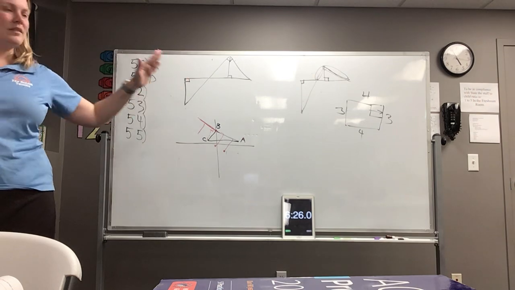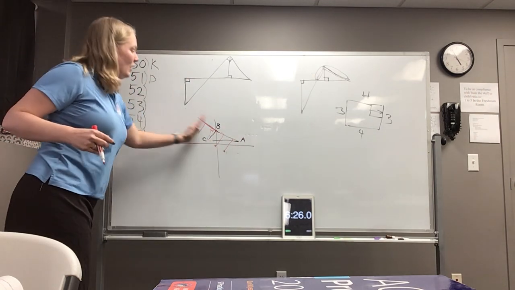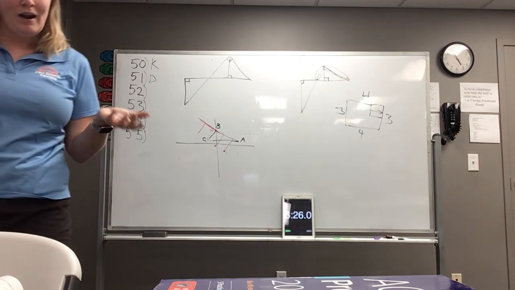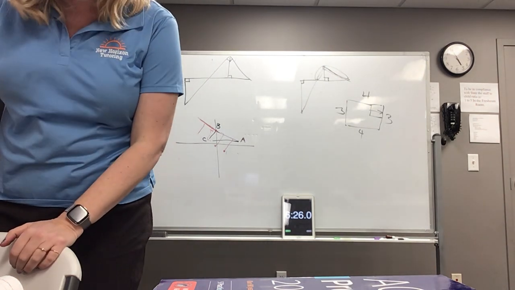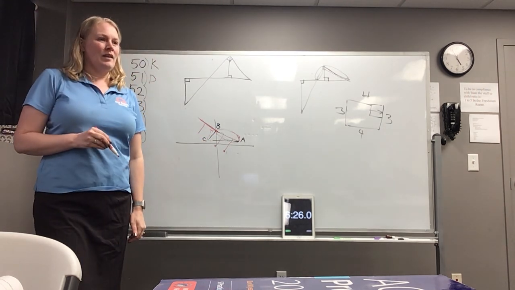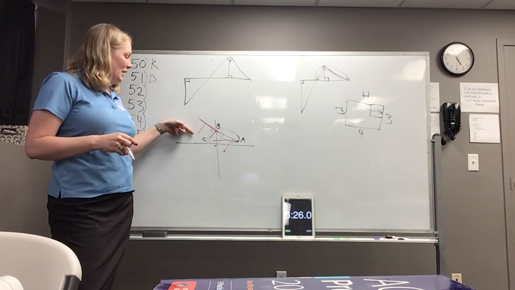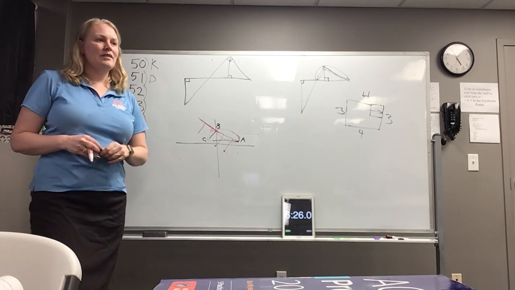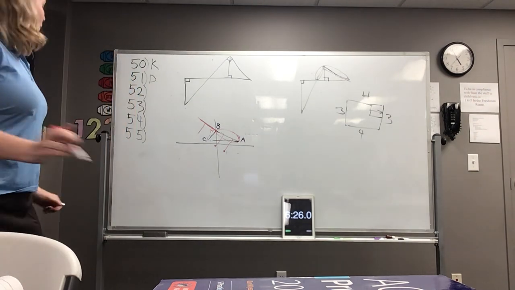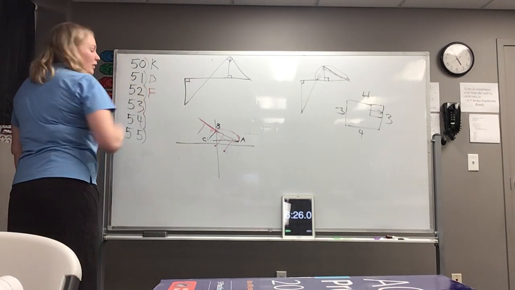It's like a distance sliding along AB, and it's keeping that same distance, so it has to be parallel. And so what is the slope of that line? Well, it's going to be the same slope as AB. And so if you find the slope of AB, that is our slope that is consistent with AB. And the correct answer would be F.